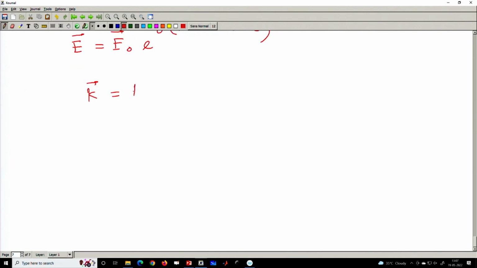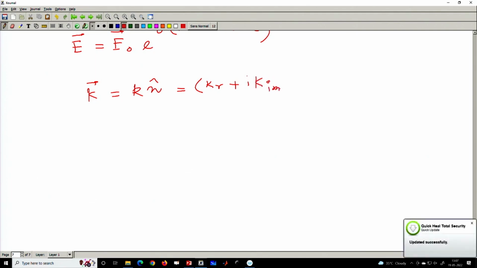So, I should write k with a direction n, and this has two parts, the amplitude, real plus i k imaginary, and the unit vector n.